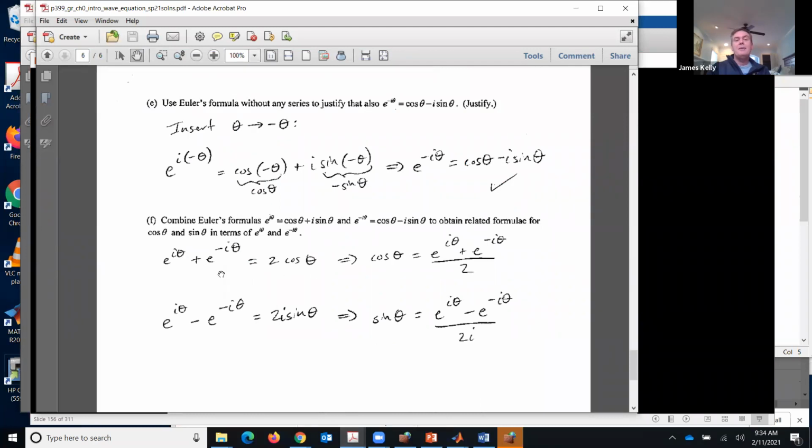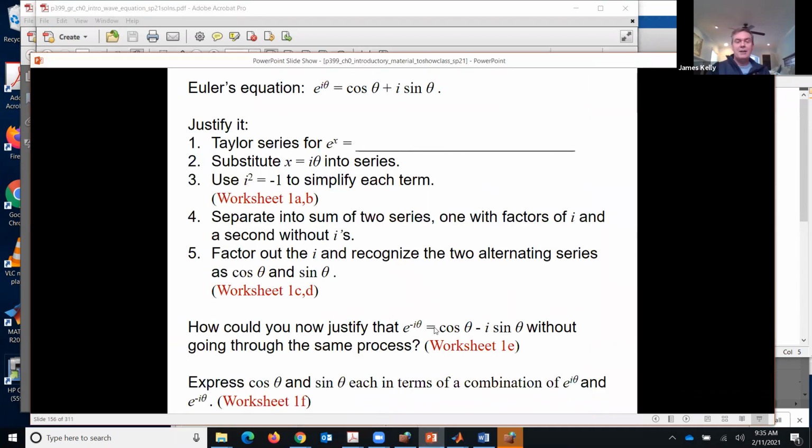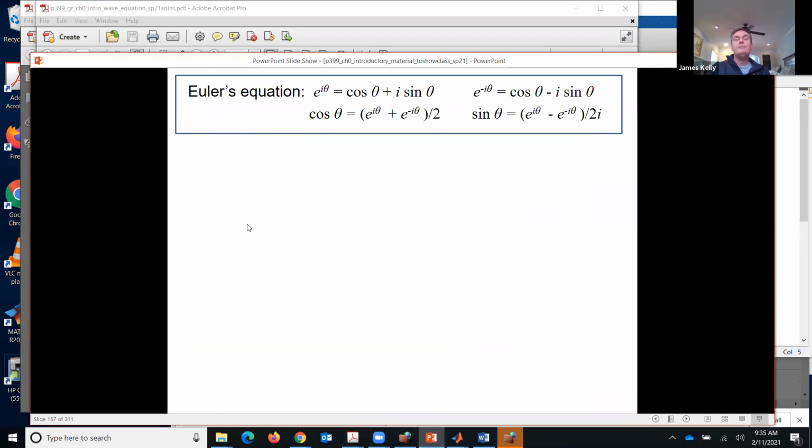So if I add them, I get this relationship, and then I divide by 2. I can write cosine of theta this way. Similarly, if I subtract them and then divide by 2i, I get this expression for sine of theta. And so that's saying cosine of theta and sine of theta can be expressed as a linear combination of these two complex exponential functions. Okay, whatever. We'll see how we'll use that in just a second.